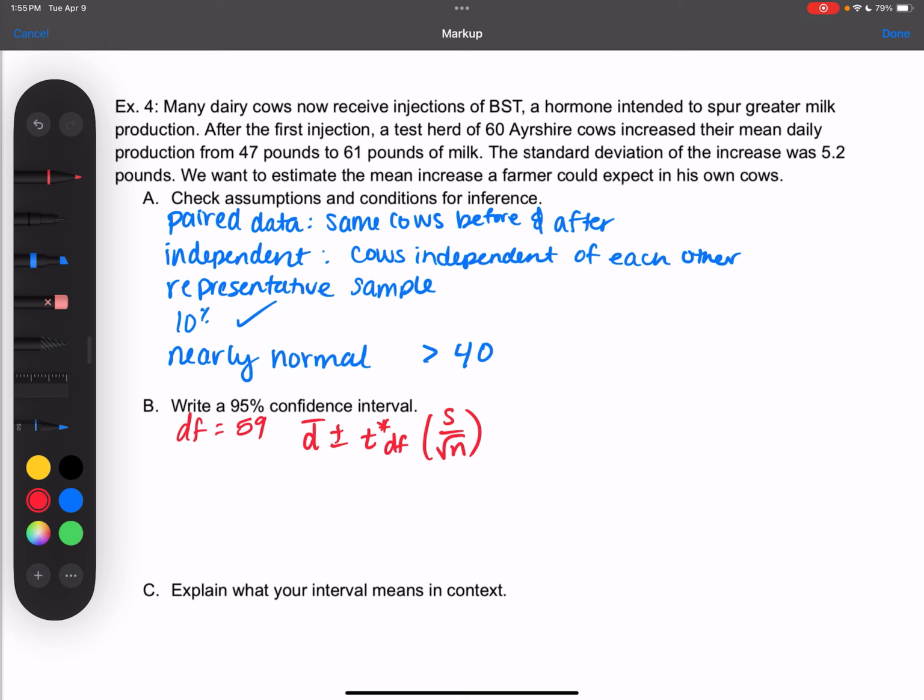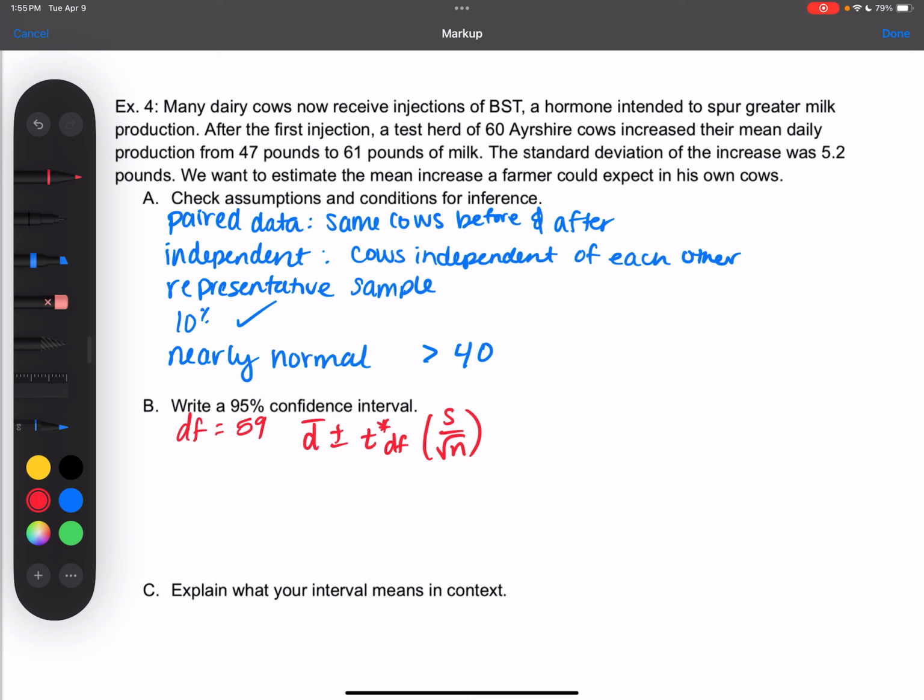So when I find my D bar, it's the mean of the difference. The mean of the difference was already accounted for in the last one because that was our L3 value that we ran it for. If we hadn't done that and had found each mean individually, we would have had to subtract them to get our D bar value. But since we did it for L3 in that last one, we were good to go.